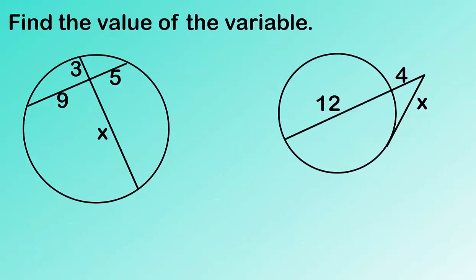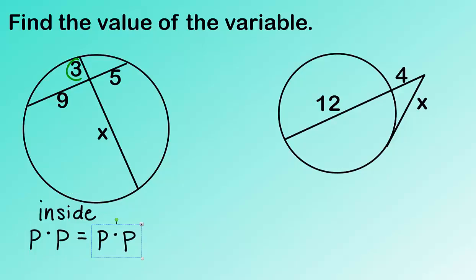So we're going to start with just a few examples. The first thing I want to do for each example is determine, is my intersection inside or outside? In the first example, it's inside. So I'm going to use pop, pop.